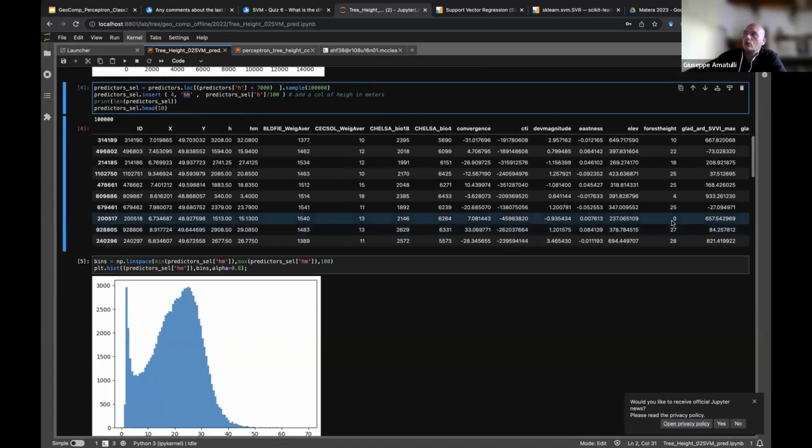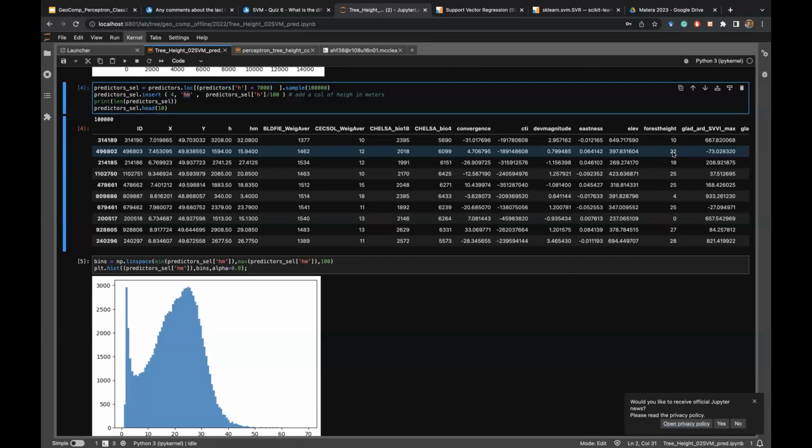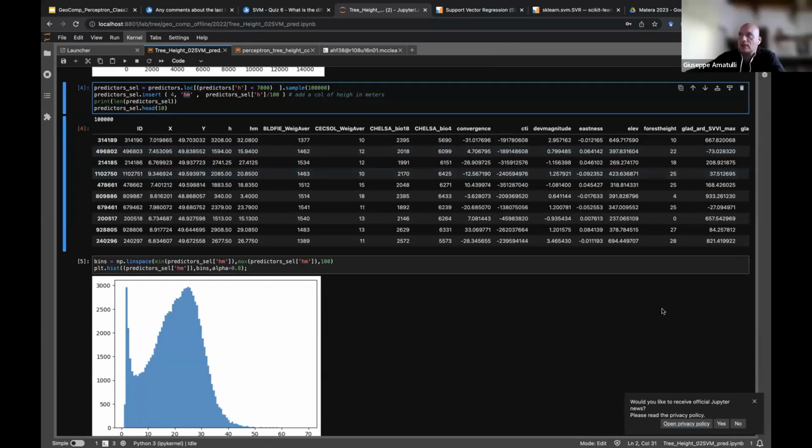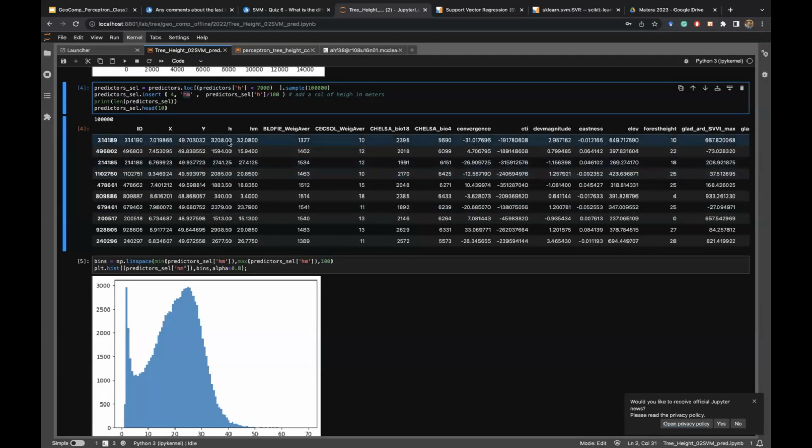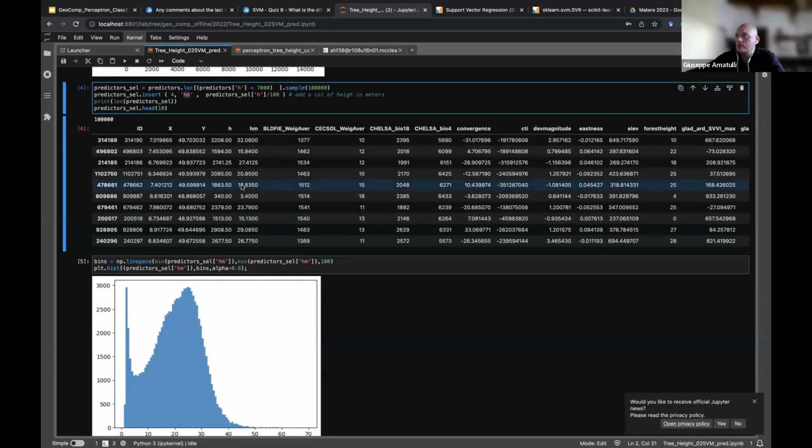No, the forest height is given in meters in the Metanson product. Okay, so when it's divided by 100, it's getting HM. Okay, so he maintained the floating point type. Yeah, okay. Sorry. No problem.